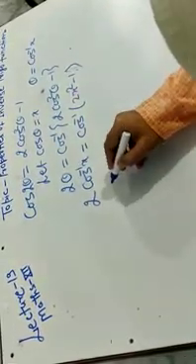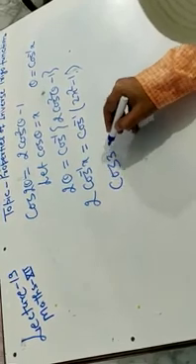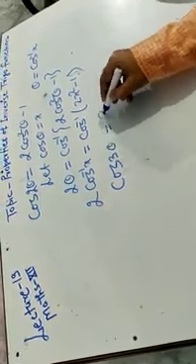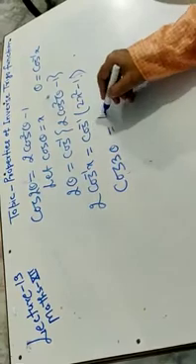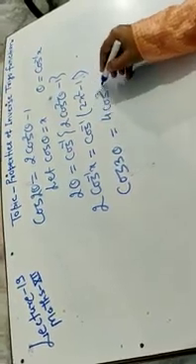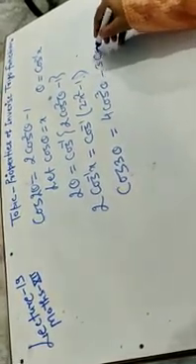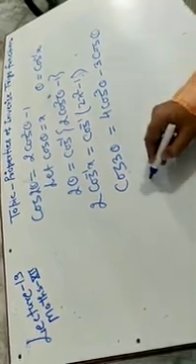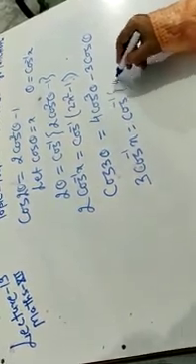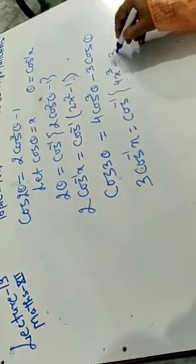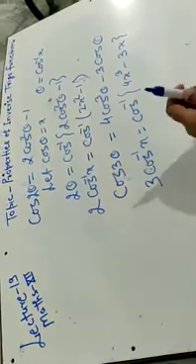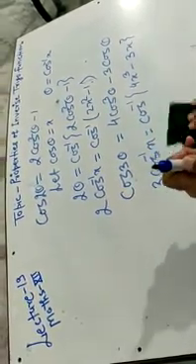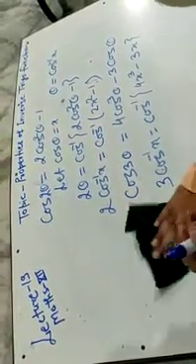Similarly, cos 3 theta equals 4 cos cube theta minus 3 cos theta. You can write 3 cos inverse x equals cos inverse of 4x cube minus 3x. Now we discuss the multiple angle of tan.